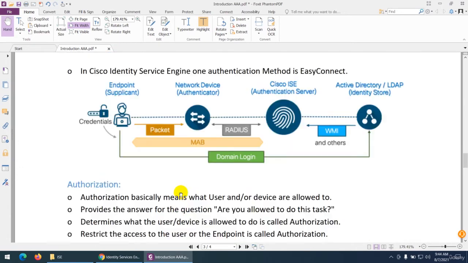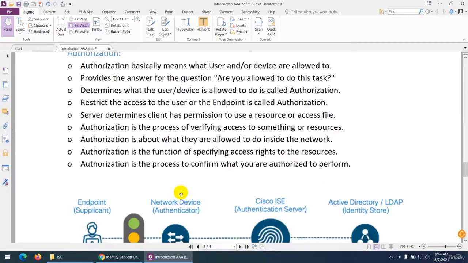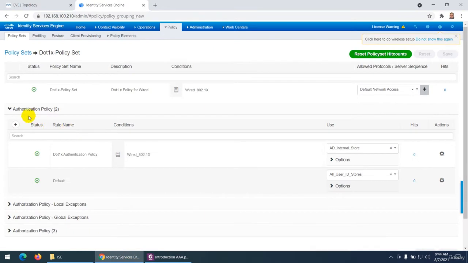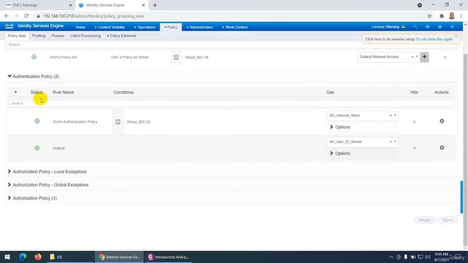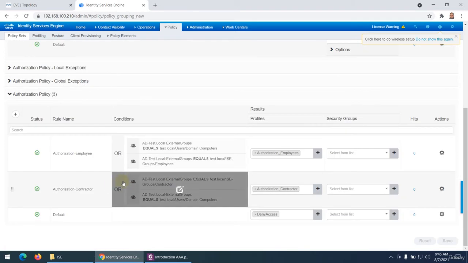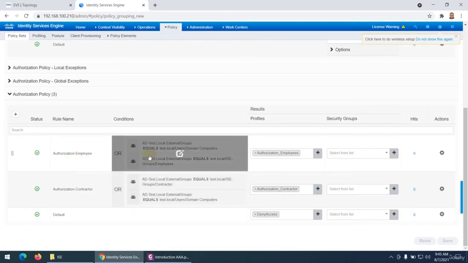Next thing is authorization. Authorization basically means what a user or device is allowed to do, and authorization is under authentication. When authentication is proved, then the next thing is authorization. Like authorization implies, here I mentioned that the employee group has this authorization, what they can access in the network.